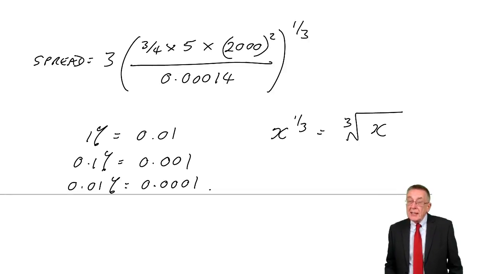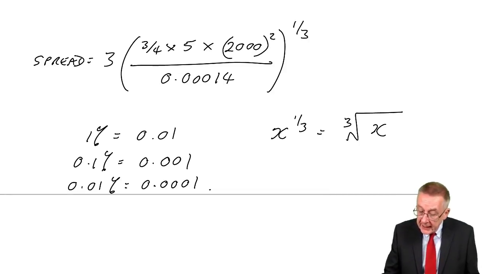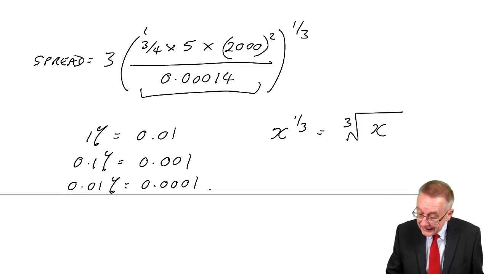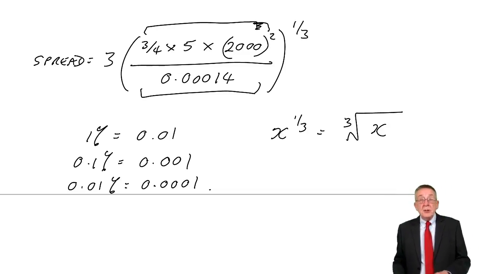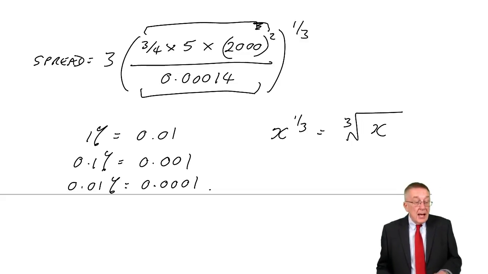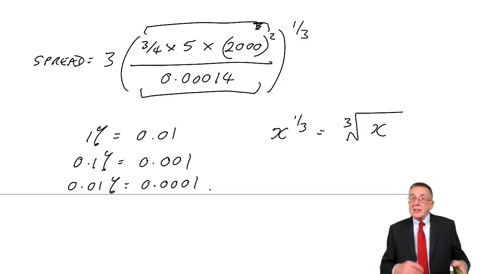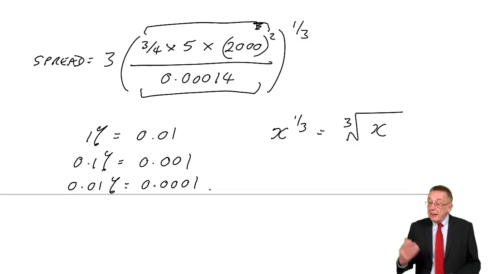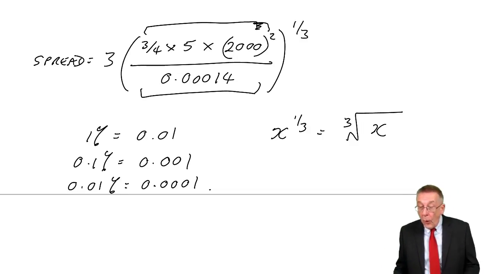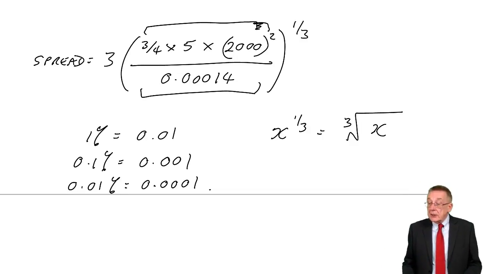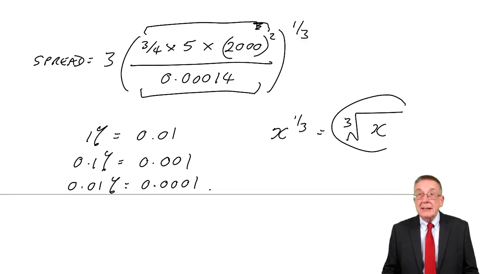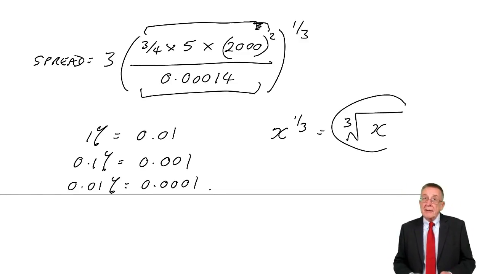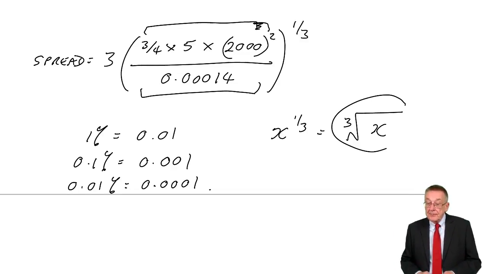So when you're doing this on your calculator, in a minute, obviously, we've got to work out all of this bit. When you come to do it to the power 1/3, either use an x to the power y button on your calculator, 1/3, or with a scientific calculator, you should have a button to get the cube root directly. It doesn't matter, they're both the same.